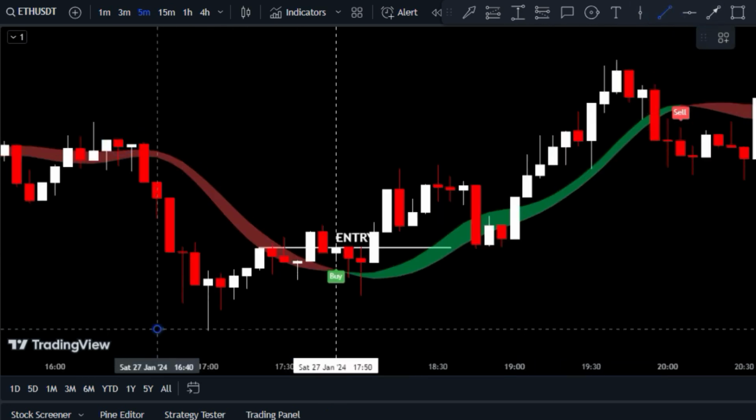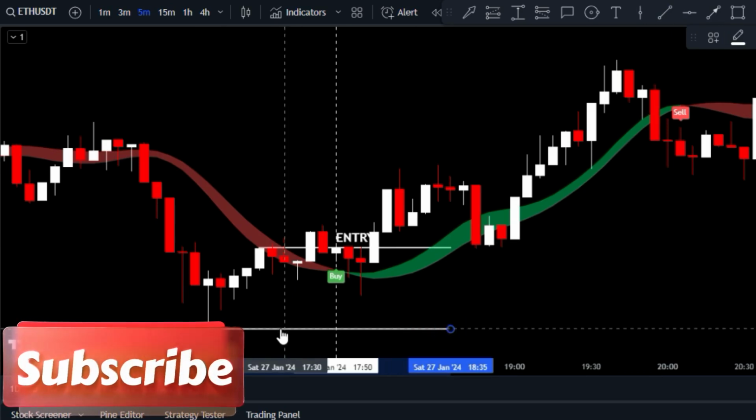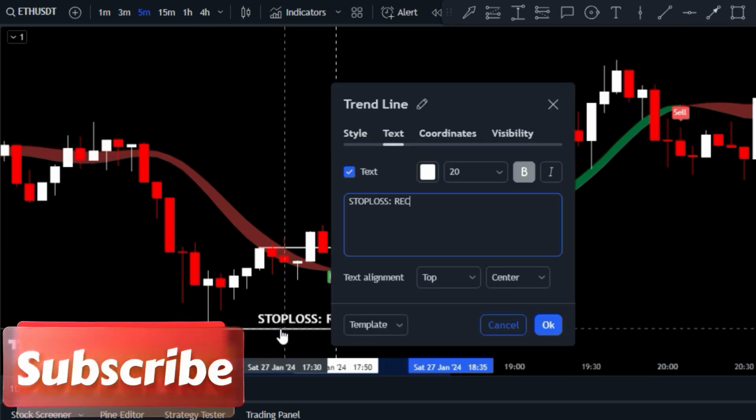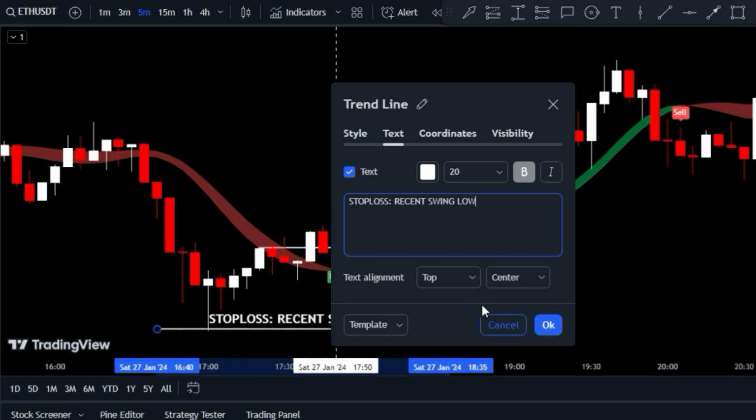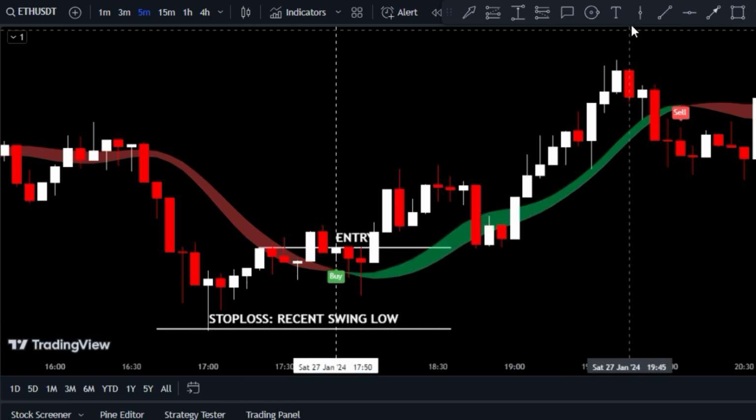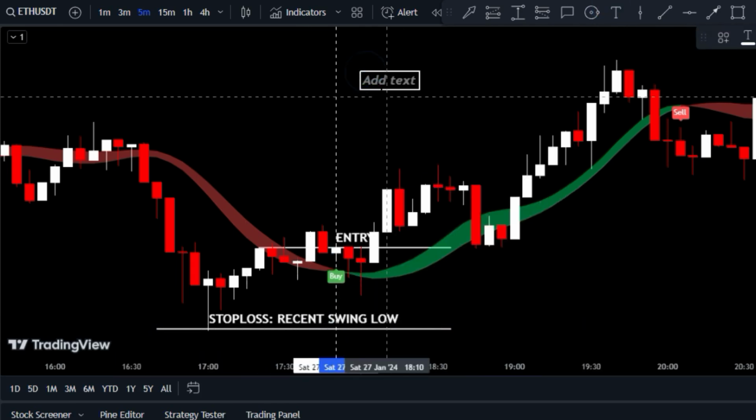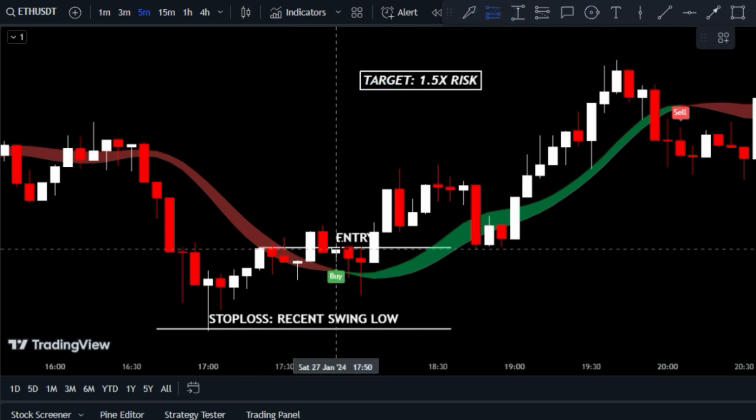To manage your trade risk, set a stop loss at the recent swing low. And for a profitable exit strategy, aim for the target profit at 1.5 times your risk.